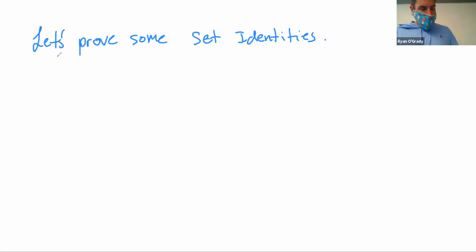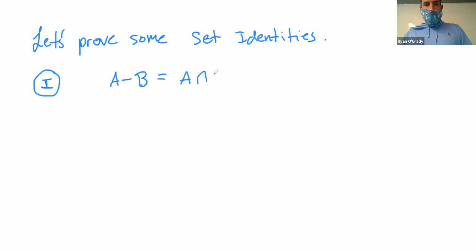So the first one we'll do is one of my favorites. That is, we're going to prove that A take away B is A intersect B complement.